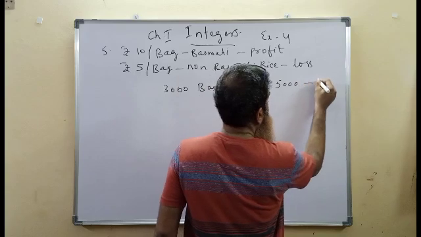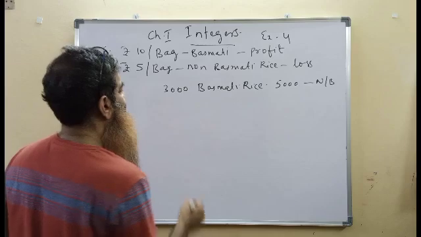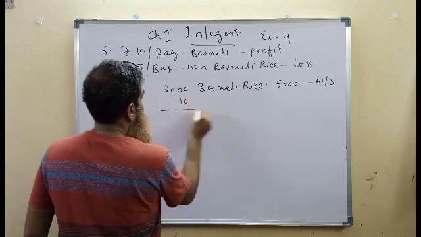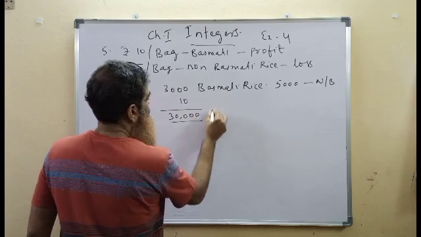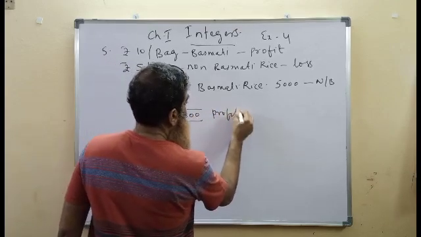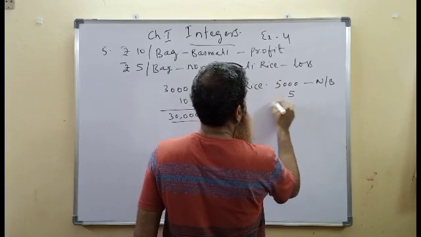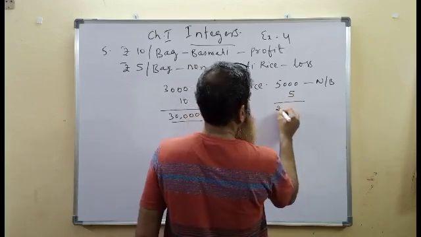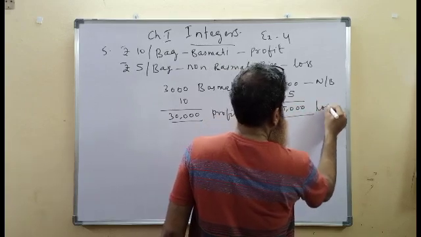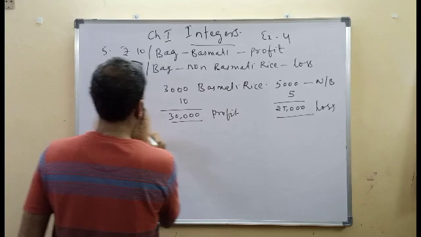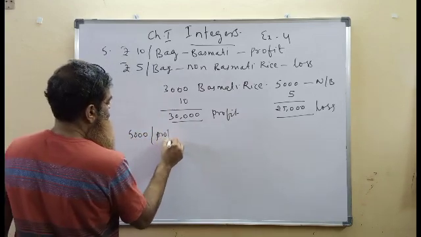So we multiply, 30,000 is his profit, whereas his loss is 5,000 into 5. It is 25,000. His loss is 25,000, but ultimately he is ending up with 5,000 profit because his profit is more than his loss.